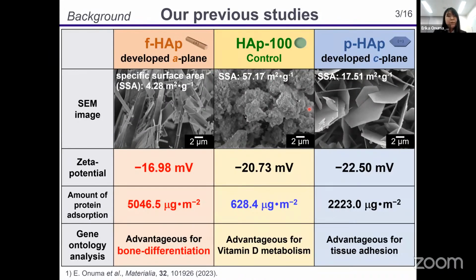Secondly, HAP 100, commercial powders from Taihei Chemical Industry, absorbed protein which is beneficial for vitamin D metabolism. Finally, plate-shaped HAP, PHAP, absorbed protein which is advantageous for tissue adhesion. These results show that absorbed protein can be controlled by the orientation of HAP crystal plane.